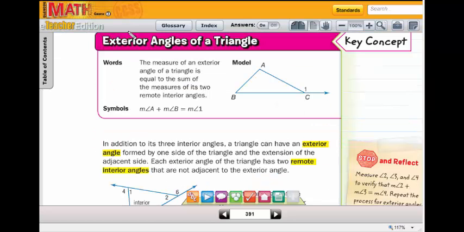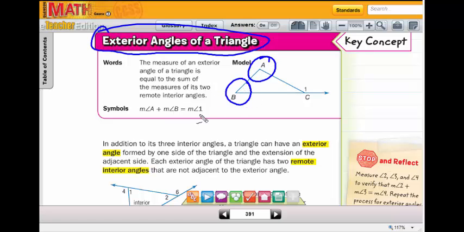Now, as promised earlier, we're going to talk about exterior angles of a triangle. So the measure of an exterior angle of a triangle is equal to the sum of the measures of its two remote interior angles. What that means is, look, we've got the measure of angle A, this angle here, the interior angle, and the measure of angle B, this here, equals the measure of this angle here.